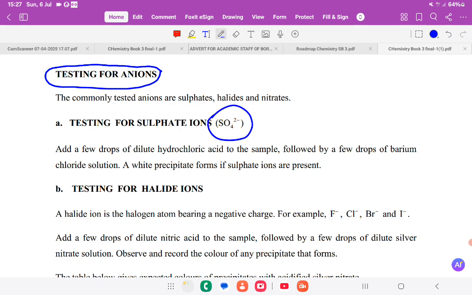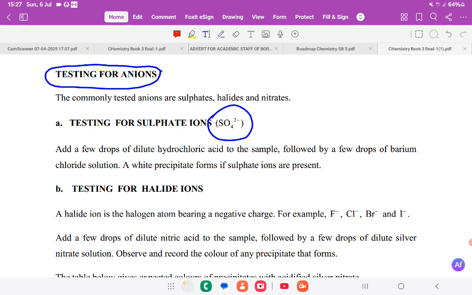To detect the presence of sulfate ions, all you have to do is simply add a few drops of dilute hydrochloric acid to the sample, followed by a few drops of barium chloride solution. The result is the formation of a white precipitate. If the sulfate ion is present in the solution, then a white precipitate is going to be formed.